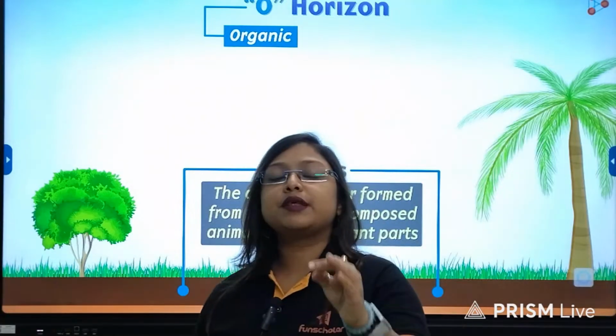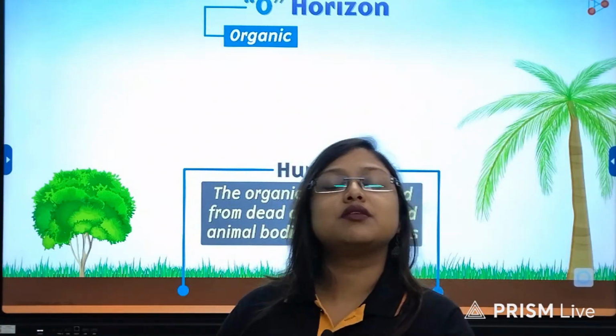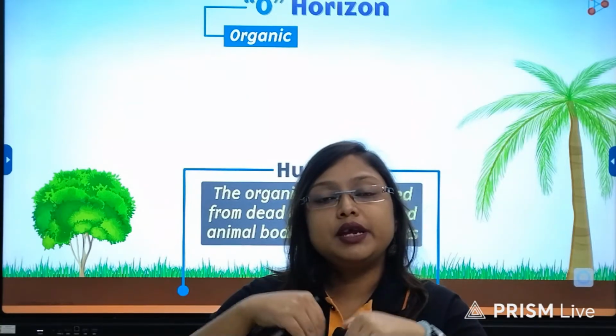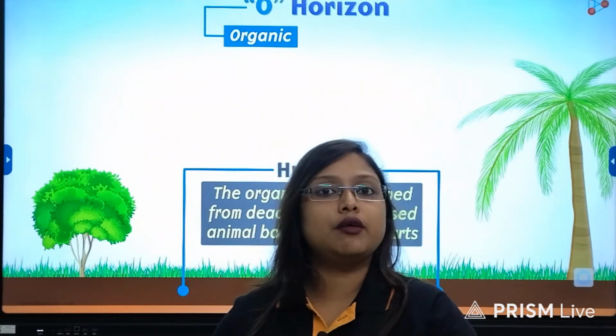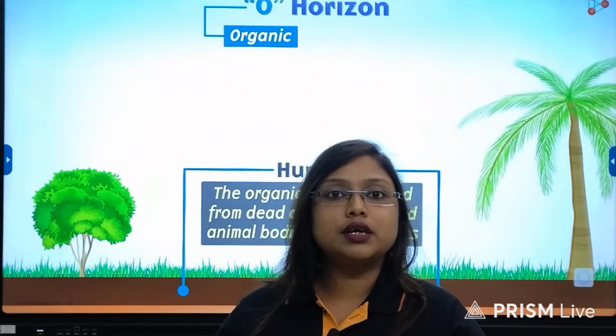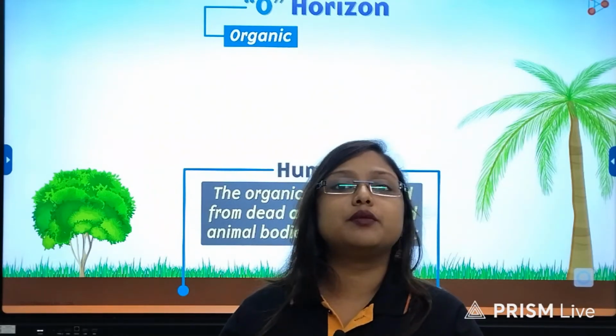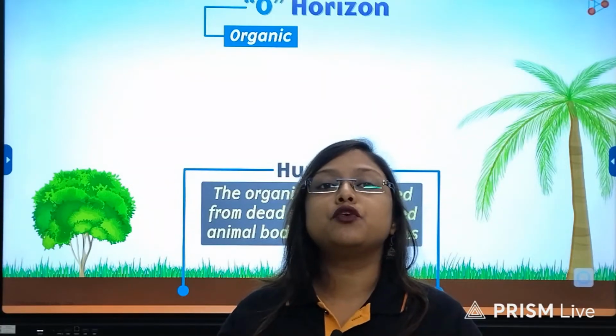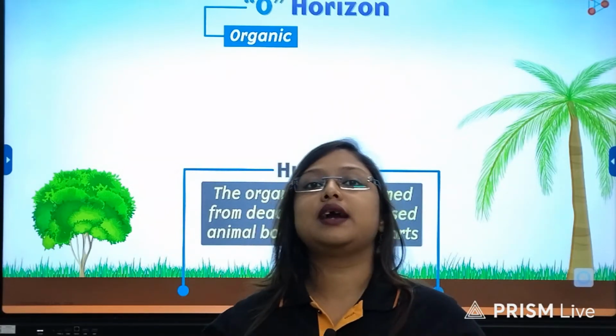Think about it, if some living organism dies on that surface, it does not incorporate itself deeper into the soil, right? It stays on the surface layer. So that dead and decaying decomposed matter stays on the surface layer.